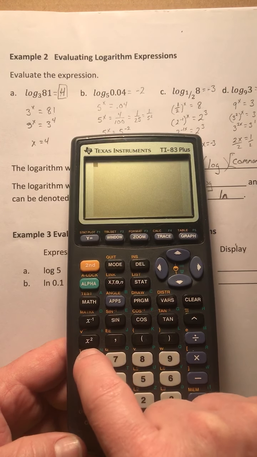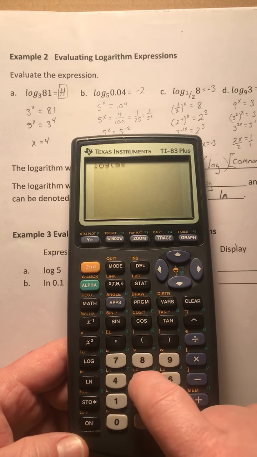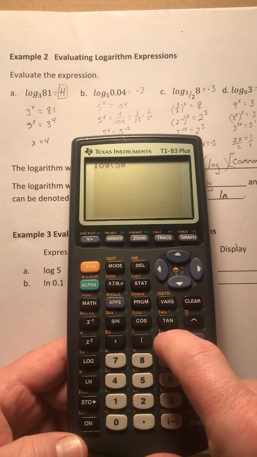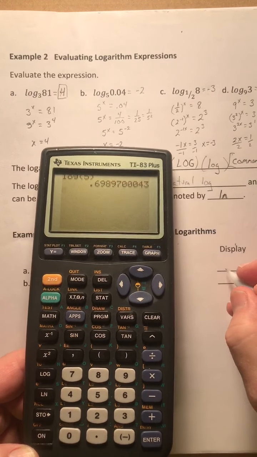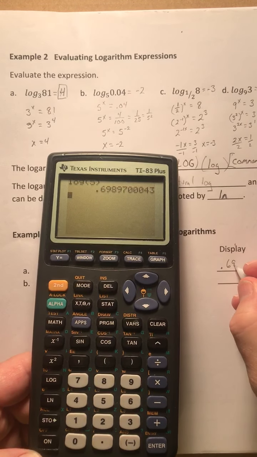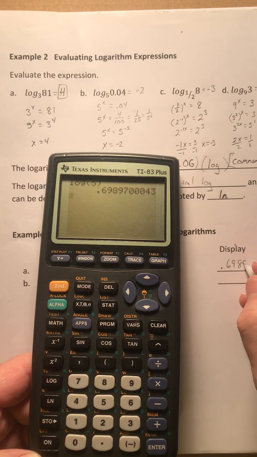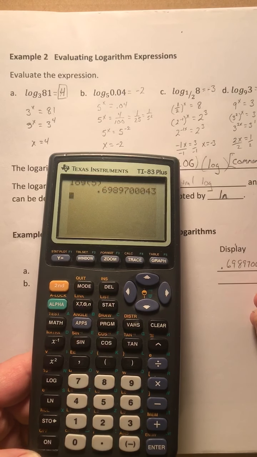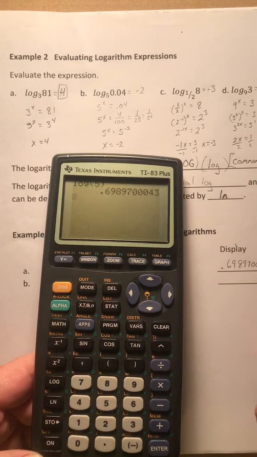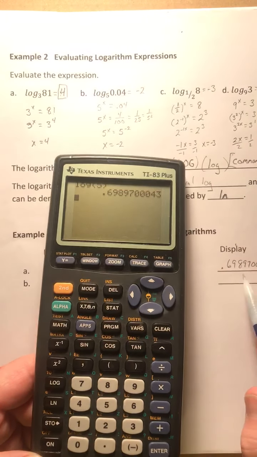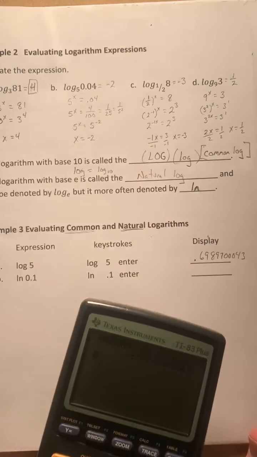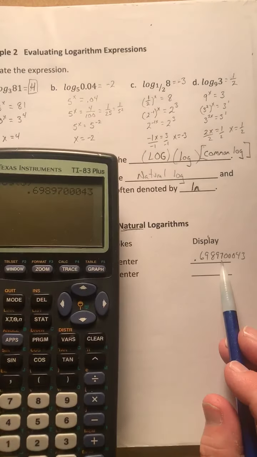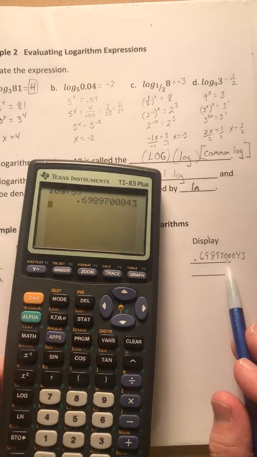I do log and then 5, and I can close the parentheses if I want, but I don't have to, then hit enter, and that's log 5. It's 0.698970043. Usually I'll tell you what to round it to, such as the nearest hundredth or thousandth.